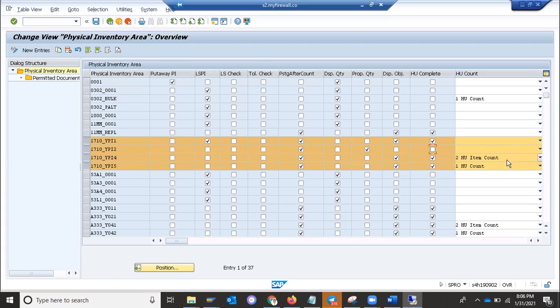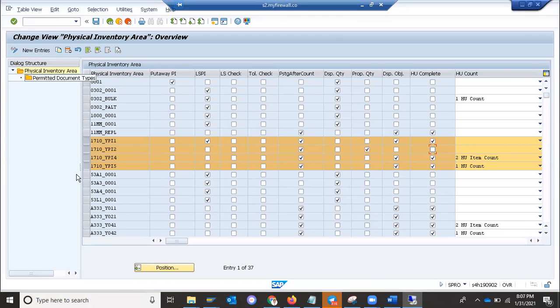They say HU is not required, but they are taking risks. If you are not following HU-oriented goods movements, you risk damaging the goods, or you cannot track the goods properly. So HU is required for most of the processes.